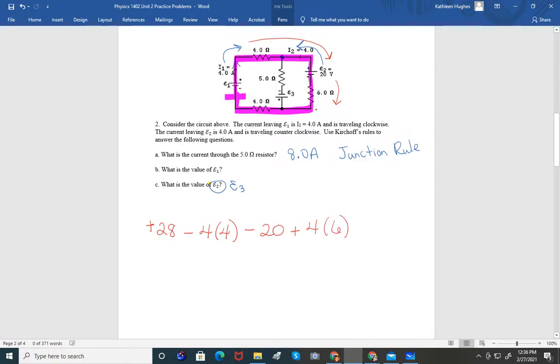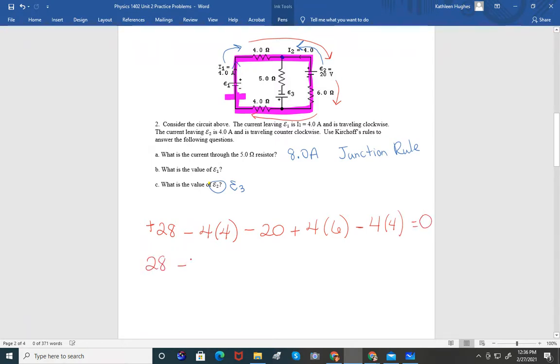I'm going to keep going around, all the way around. When I get to this one, now I'm going with the current again because this loop goes this way. So that's going to be a drop of 4 times 4. All of this is supposed to equal 0.